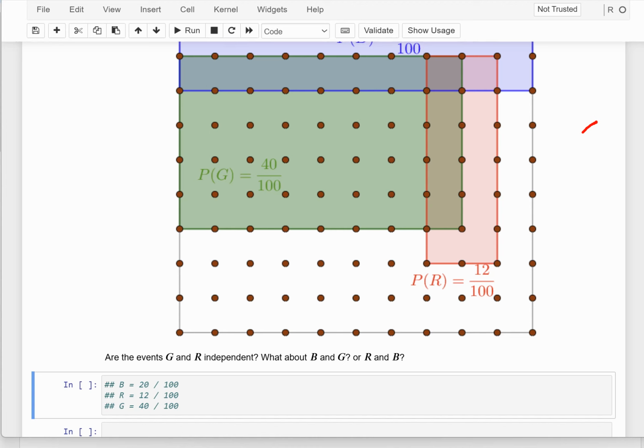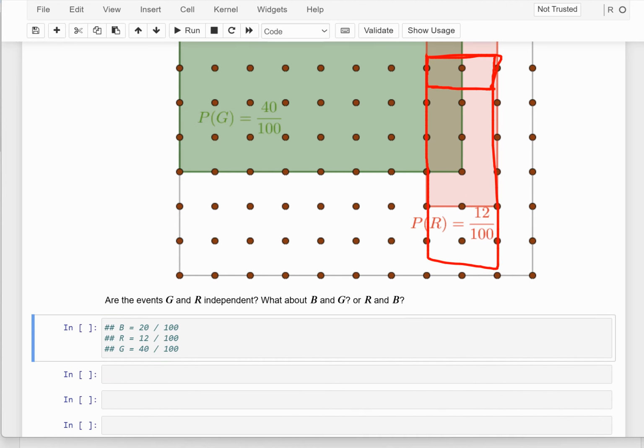So let's look at this. What's the probability of blue given red, for example? If red has already occurred, we're in here. And how many of the things are blue? Just these top two. There's 12, minus 2. Interesting. So the probability of B given red is 2 over 12, which equals 1/6.